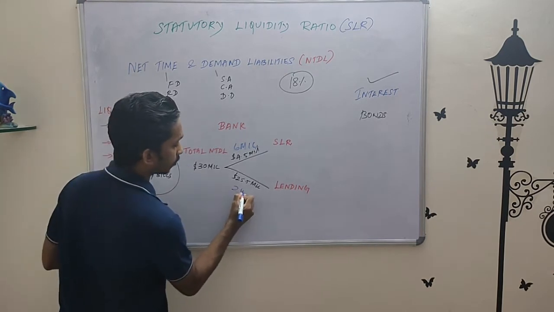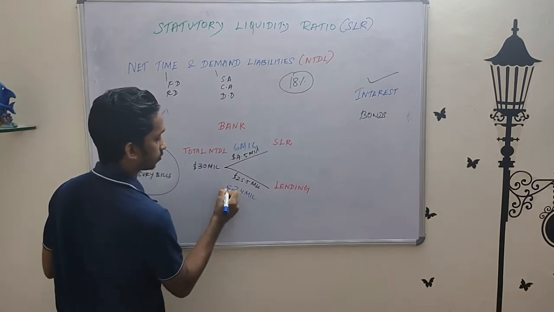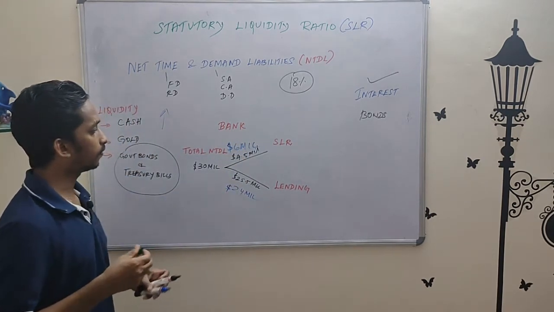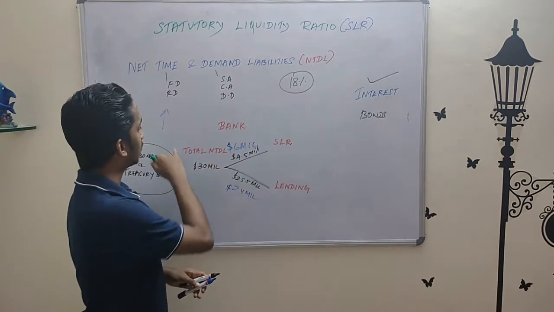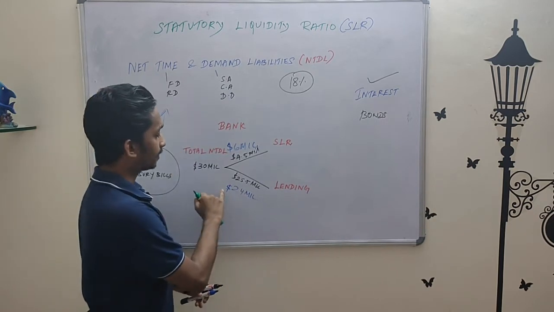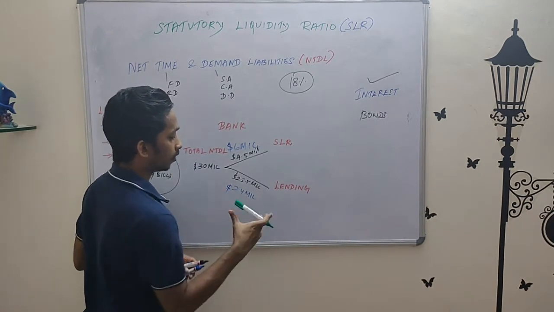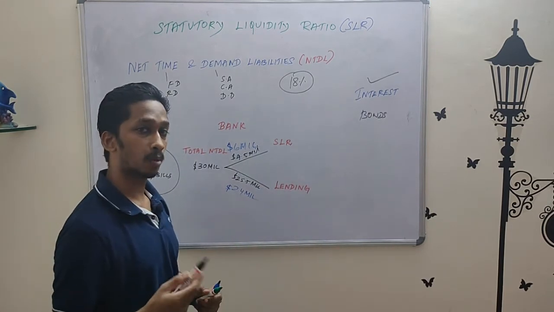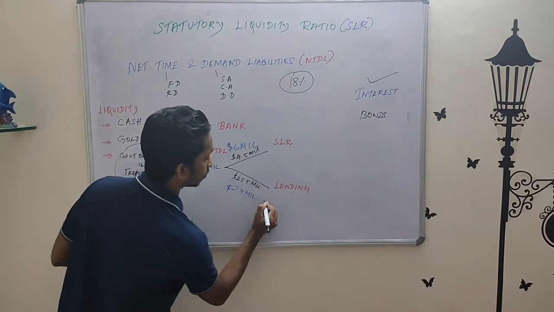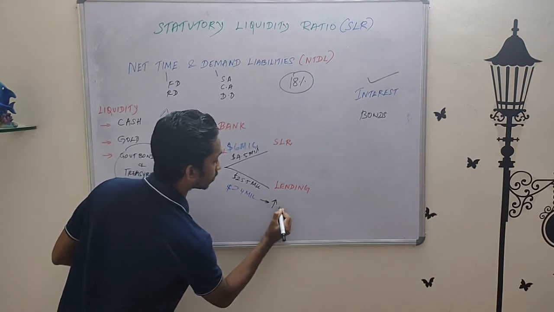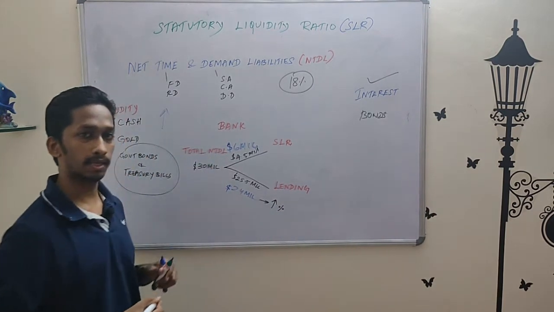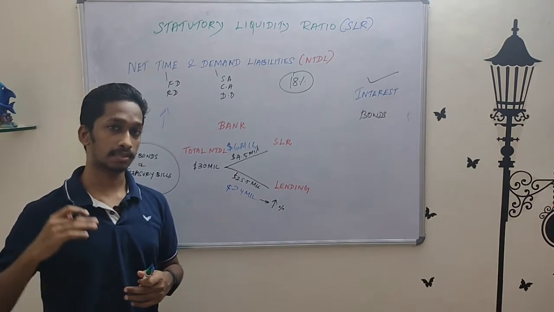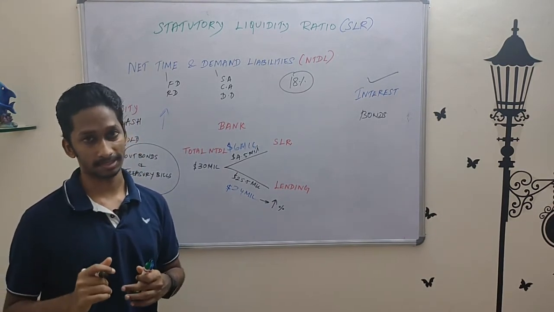It becomes 24 mil. And what does this mean? When SLR is increased, banks have lesser money to spend. So when there is lesser money to spend, how does this affect common folk? Lesser the money, more the interest, right? Which means that people borrow less because interest is higher and the amount of money left is less.